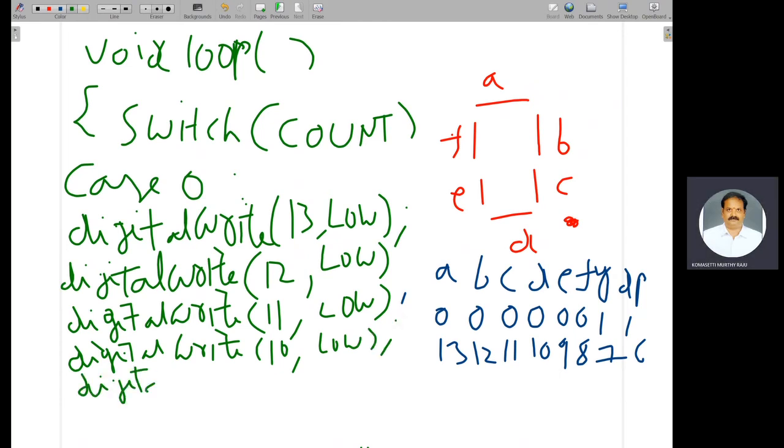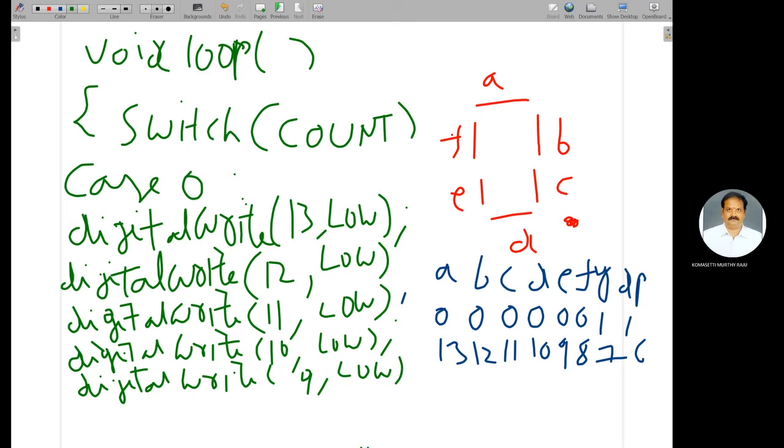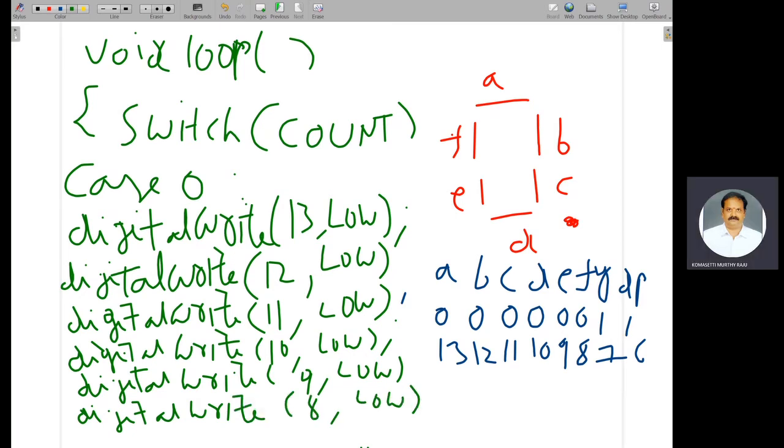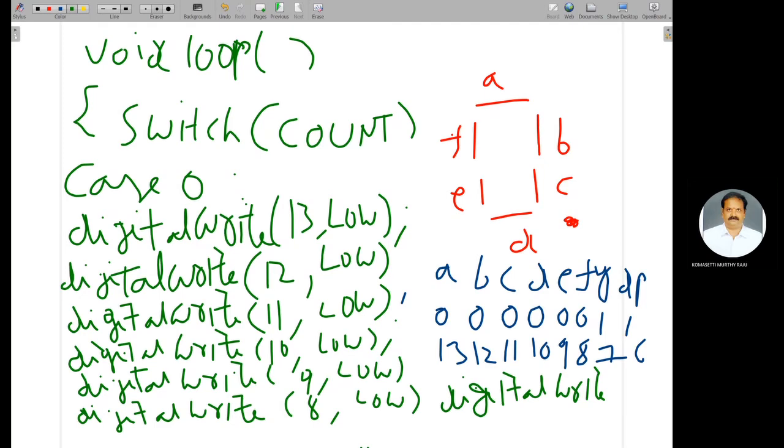Digital write 9 low. Digital write 8 low. Next one, digital write 7 pin high.